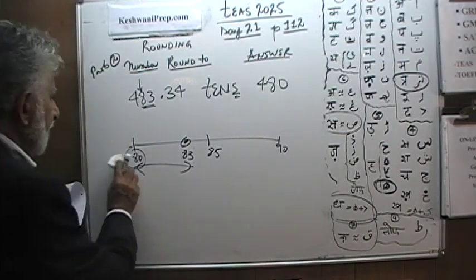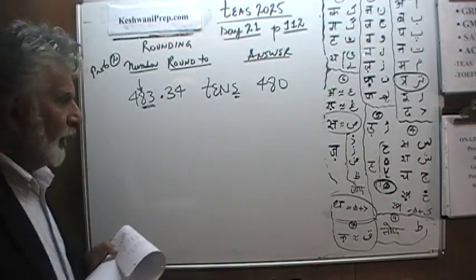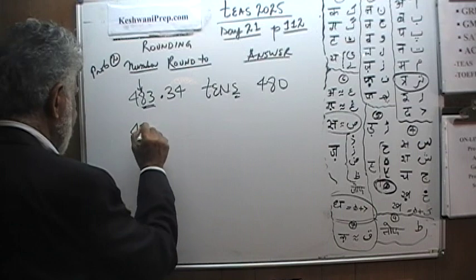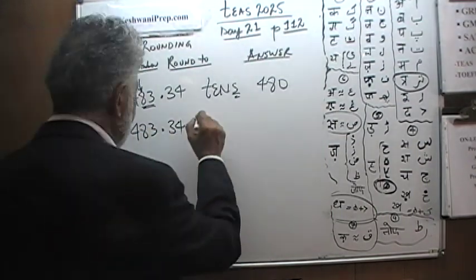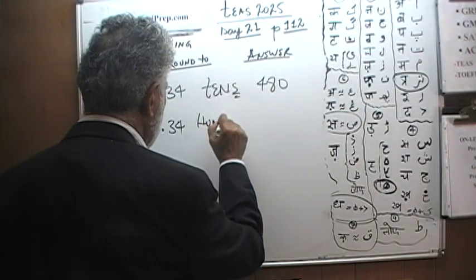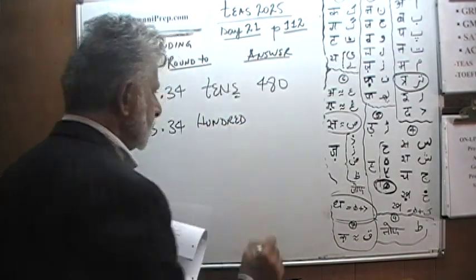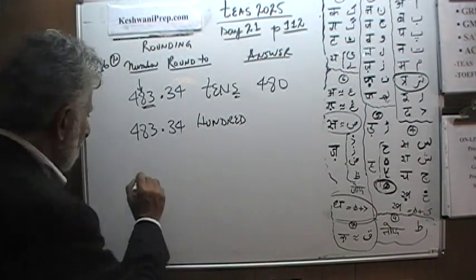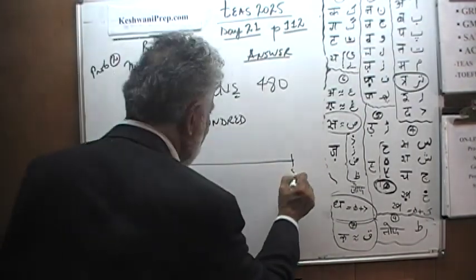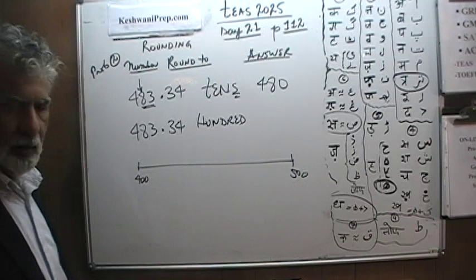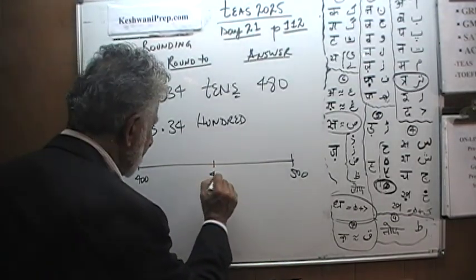Let's do the same thing, the same number, 483.34, but this time let's round it to the nearest hundreds. If you're talking about hundreds, the scale now is from 400 to 500. The halfway mark is 450.